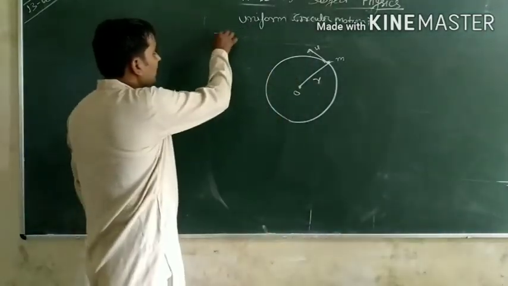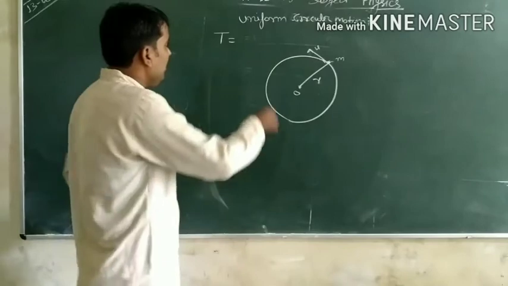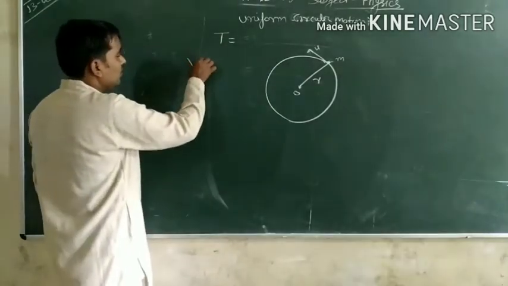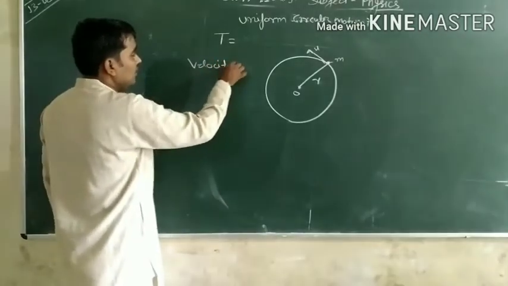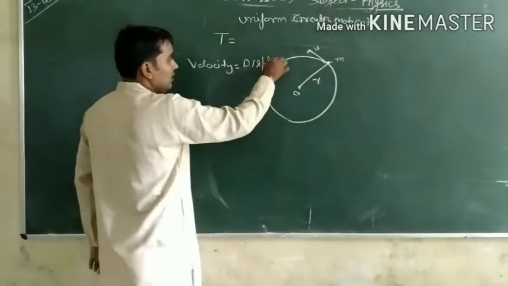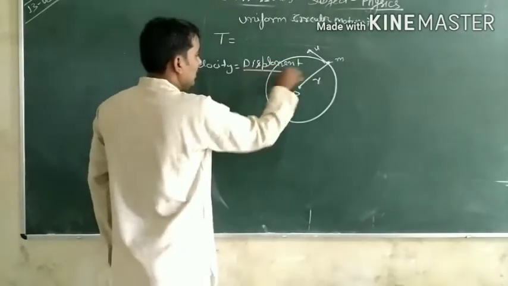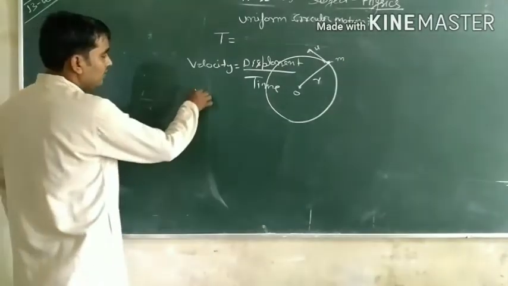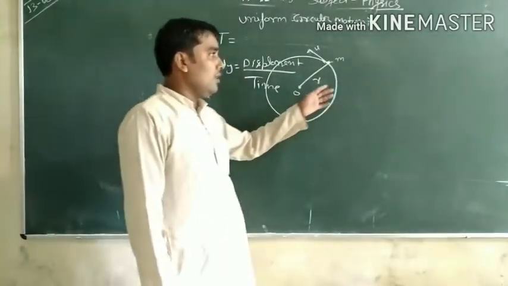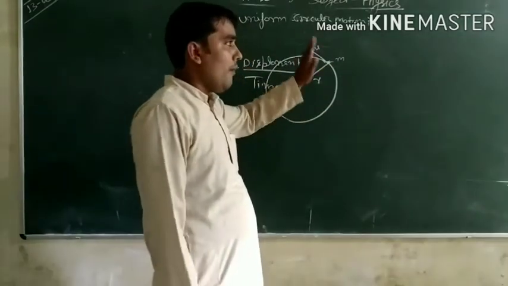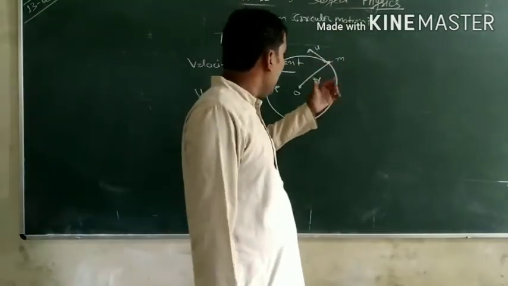It is represented by capital T. We know that velocity is equal to displacement upon time. The velocity of the moving object is v. The displacement: the moving object completes one revolution on the circular path. The radius of the circular path is r.